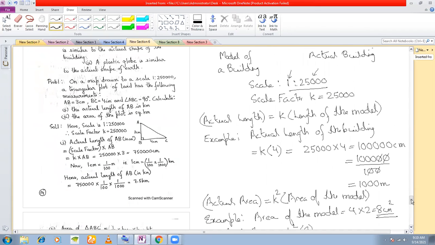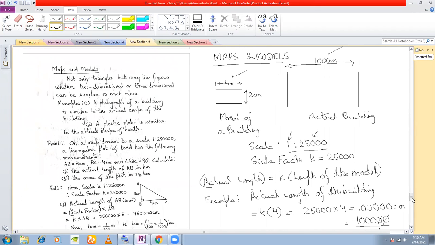Next, suppose not only the length and breadth of the building, but the height of the building is also given. Although I cannot represent it, let's say the building will look something like a cuboid here. Okay. Let us say the height of the building is also given.